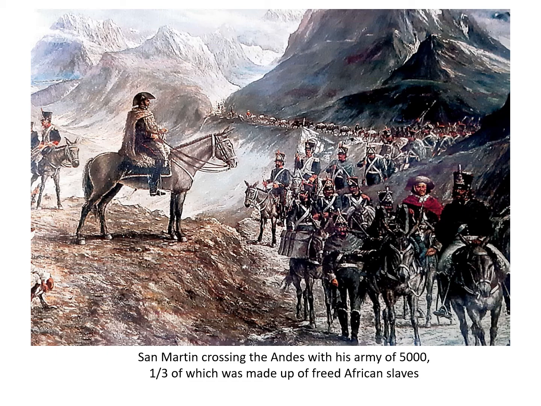One of the things you'll notice about this picture is that it doesn't depict the army as realistically as it should, because in fact, a third of this army of 5,000 was made up of African slaves who are, as often happens in history, written out of the picture. These African slaves were promised their freedom in exchange for fighting in these armies of liberation.